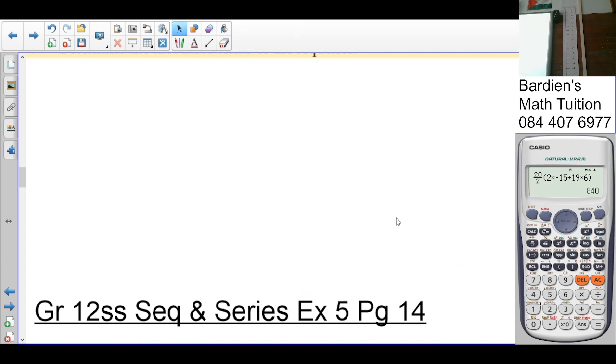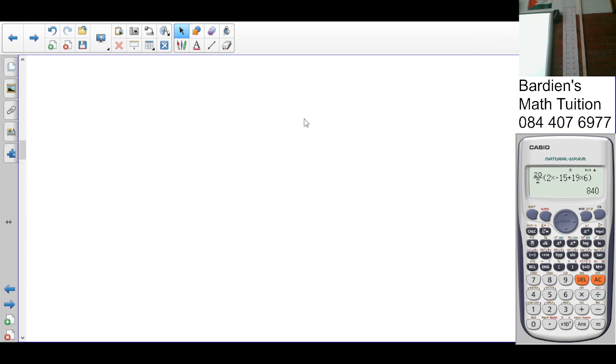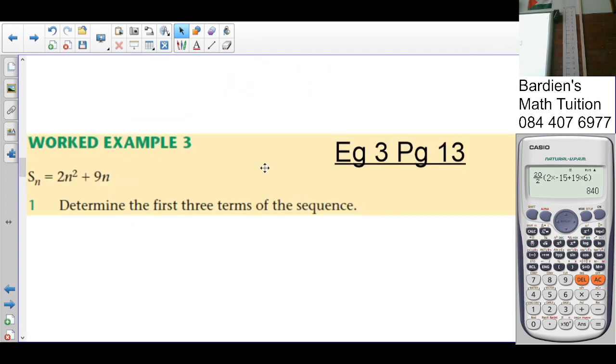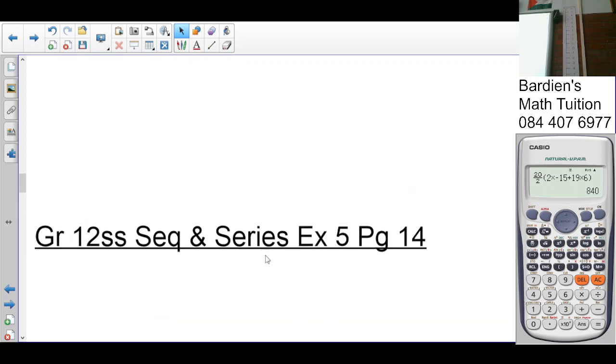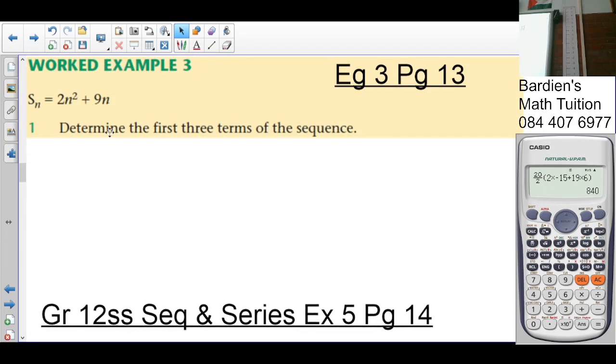So let's take one back here. Coming back to this here, he says determine the first three terms of the sequence.